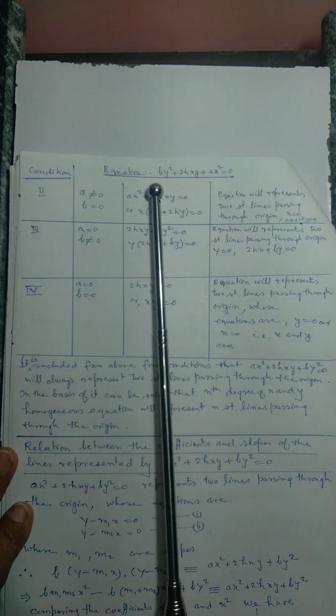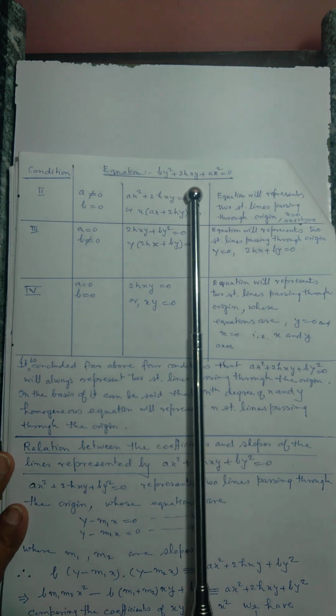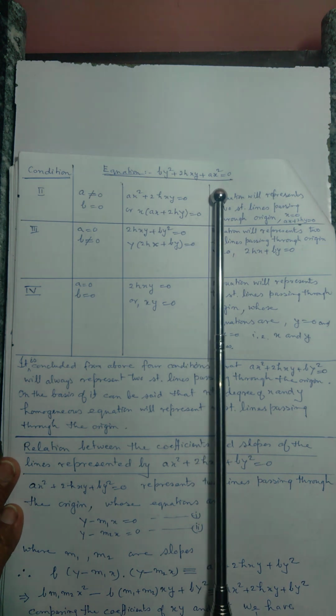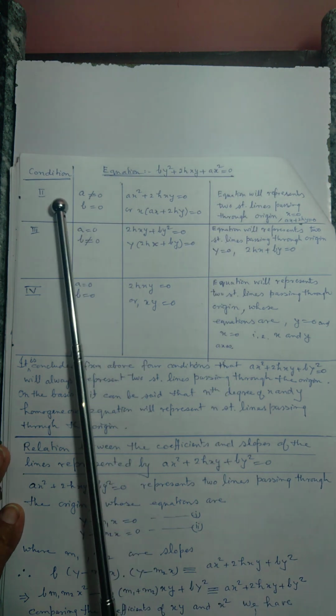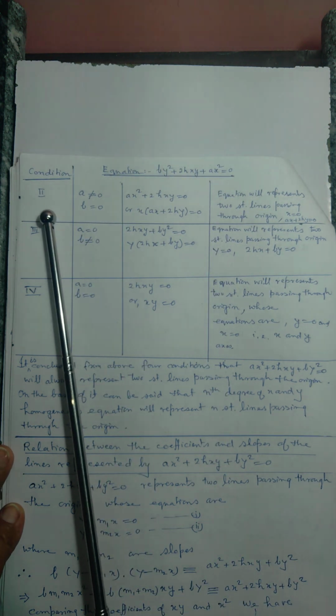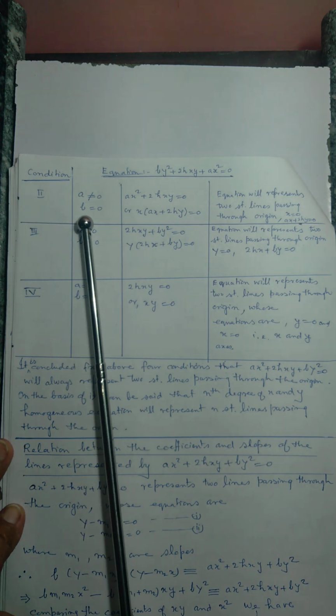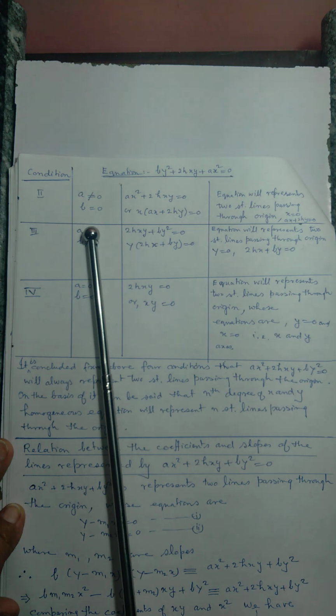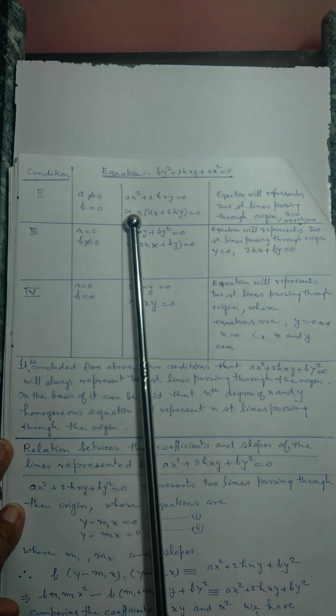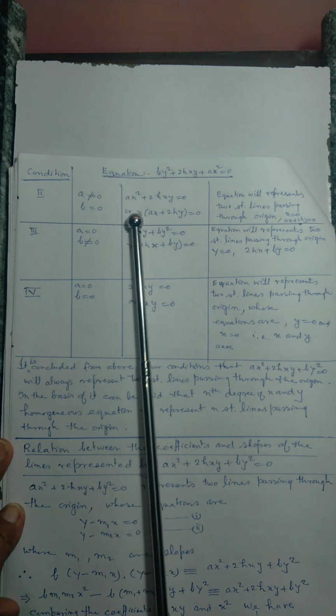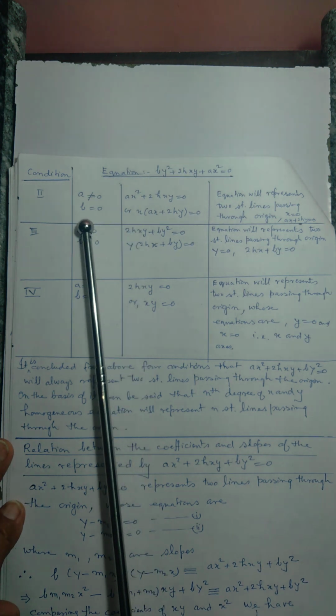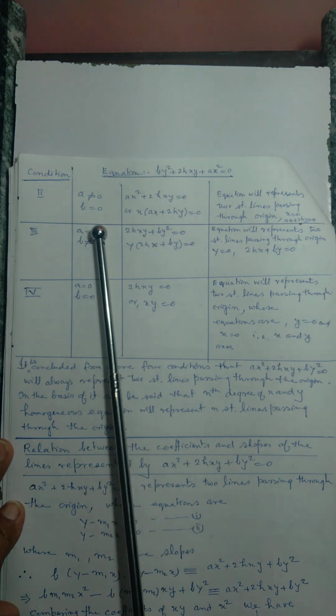This is the equation by² + 2hxy + ax² = 0. Condition number 1 we have already discussed. Now condition number 2, that is a is not equal to 0 and b is equal to 0. At that time the y² term will vanish, because b is equal to 0.